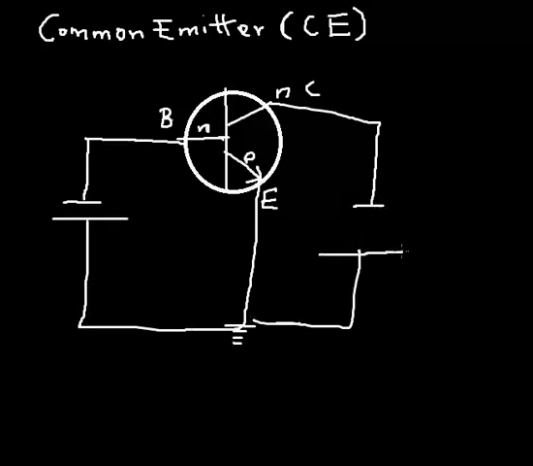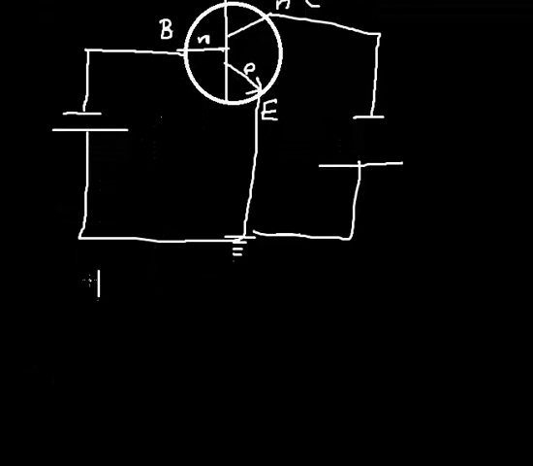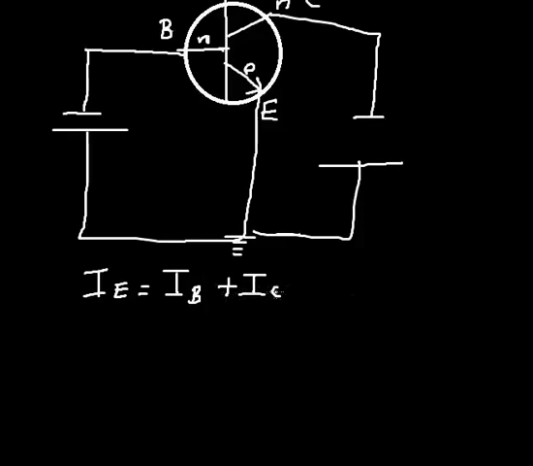All right, so now let's proceed. Don't forget that my emitter current, for any of the configurations, is still equal to the base current plus the collector current. Don't forget this relationship. This relationship is constant.